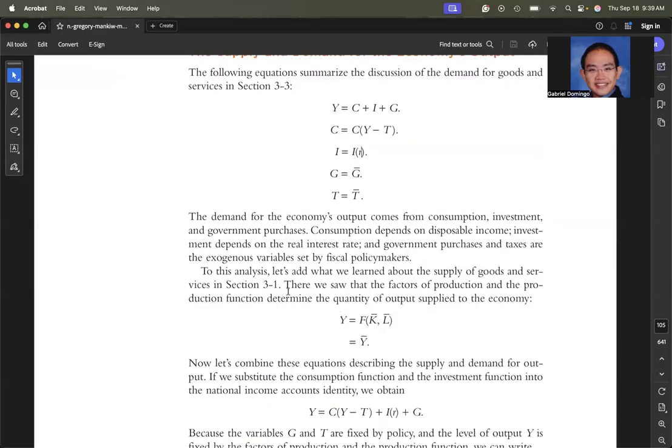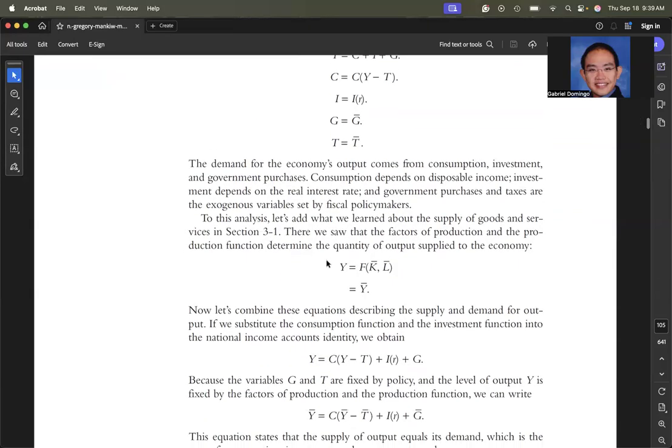And further on, we also note that your Y will be a function of your technology F, your K bar and L bar, which are your inputs. Which means if both K bar and L bar are fixed, then your Y will also be fixed at Y bar. So this is in fact the final equation in the model.